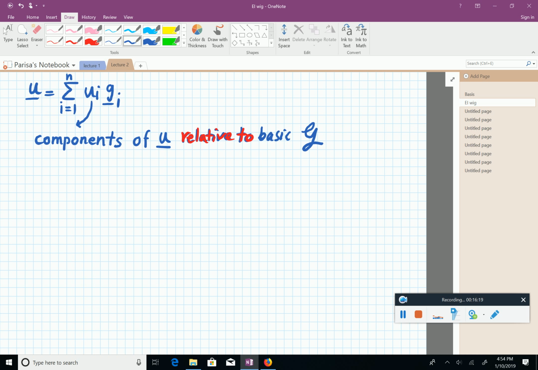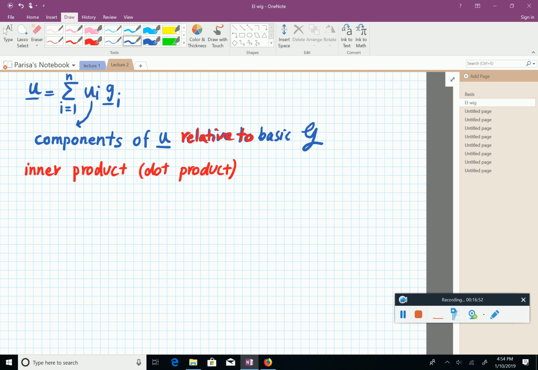Now, before going forward, I need to define, or remind you, you already know, the inner product of vectors. What is another name for that? Exactly. You probably see where I'm going.